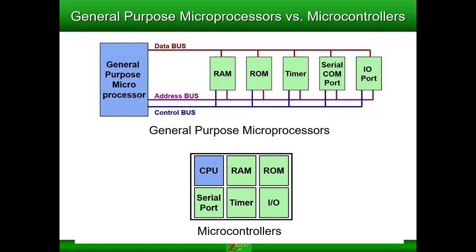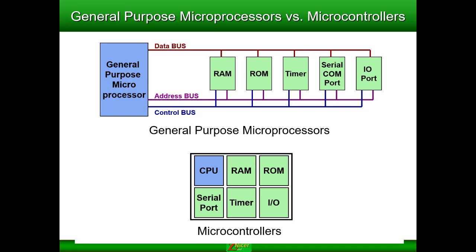So here we can see a visual difference of microcontrollers and microprocessors. Our general purpose microprocessors are connected to RAM, ROM, timers, serial COM ports, and input-output ports using these buses. And our microcontrollers have all of them on that single chip.